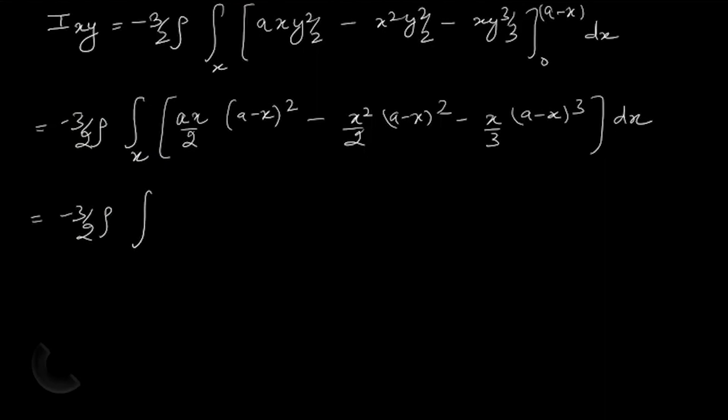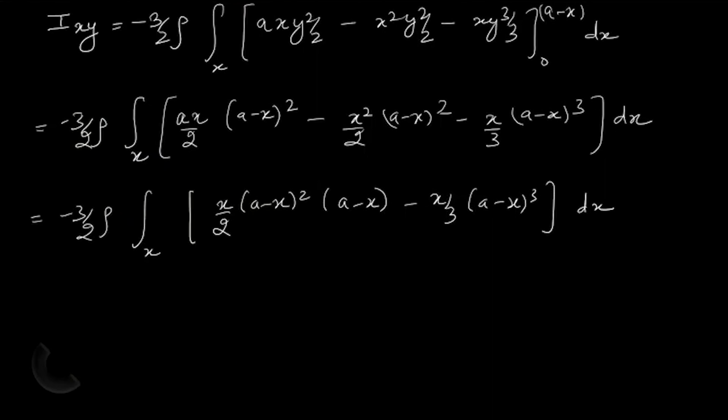So now to solve it, we can take x over 2 (a minus x) whole square common, and then we are left with (a minus x) and minus x over 3 (a minus x) whole cube, bracket close, and then dx. So minus 3 over 2 rho, x equal to 0 to a.